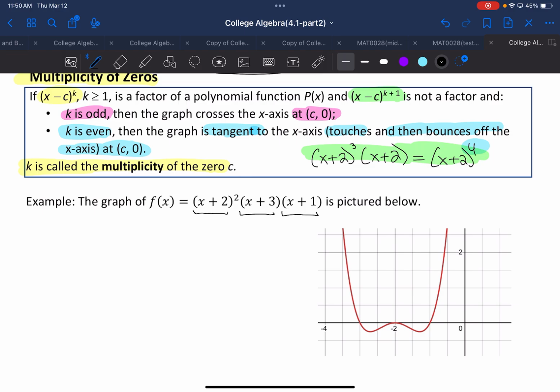If I set this equal to 0 to find the zeros, to find the x-intercepts, what would they be? Exactly, -2, -3, and -1. Because I would set all those equal to 0 and then solve, and I'd have to subtract them over. So the zeros are -2, -3, and -1.